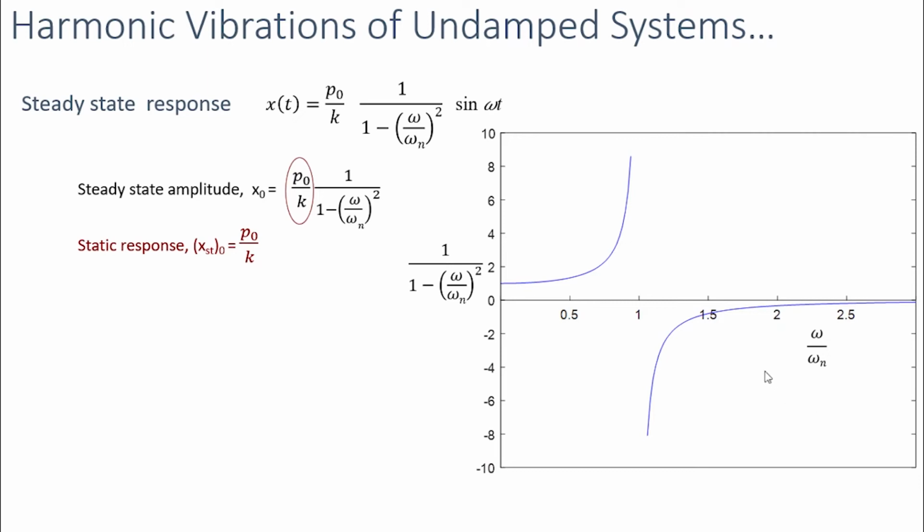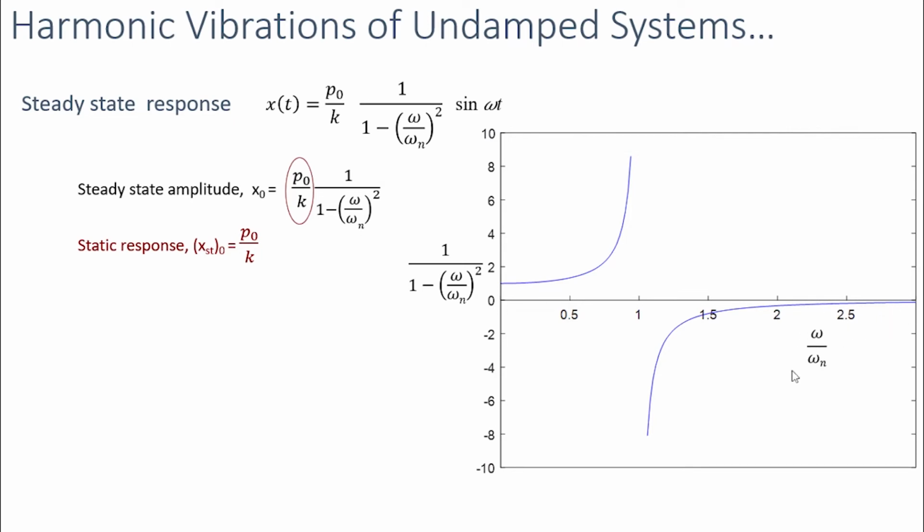When the forcing frequency increases even more, when the frequency ratio is much higher than 1, this factor will reduce and become very close to 0.